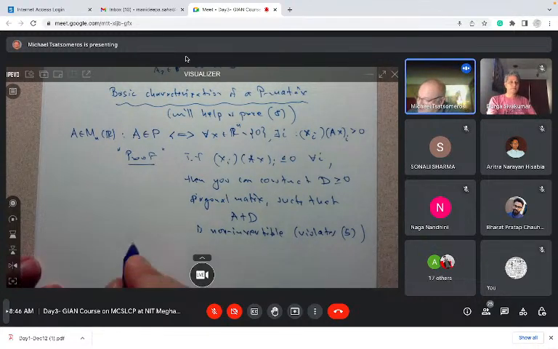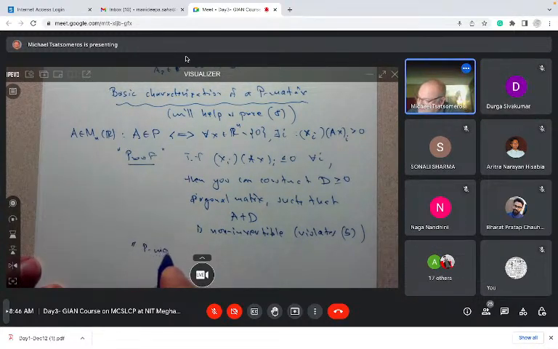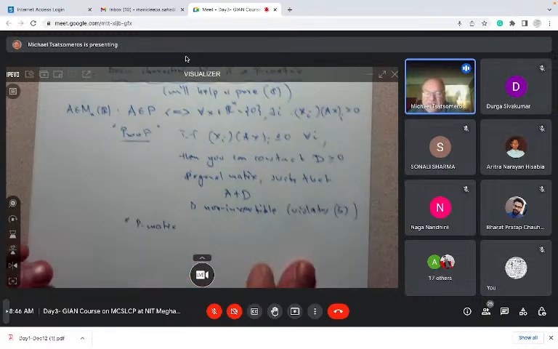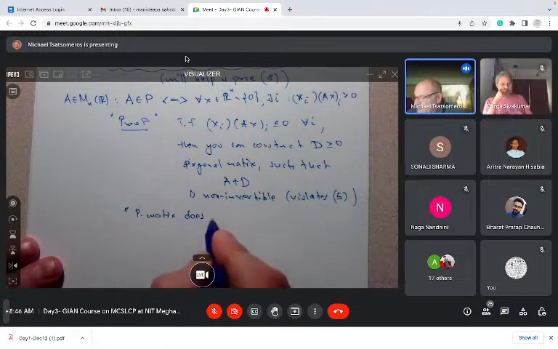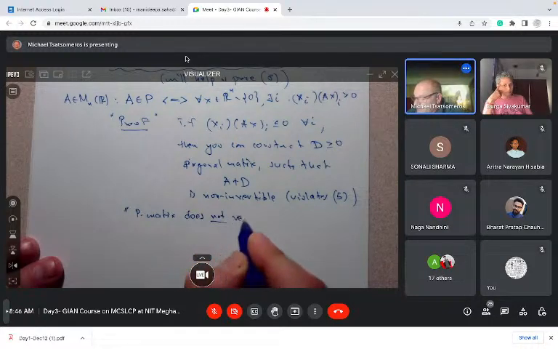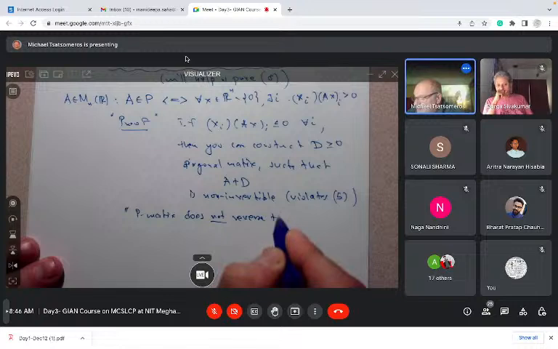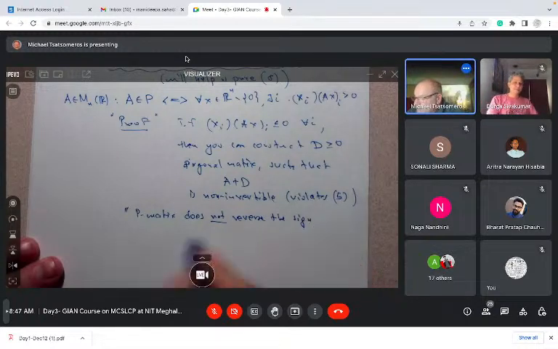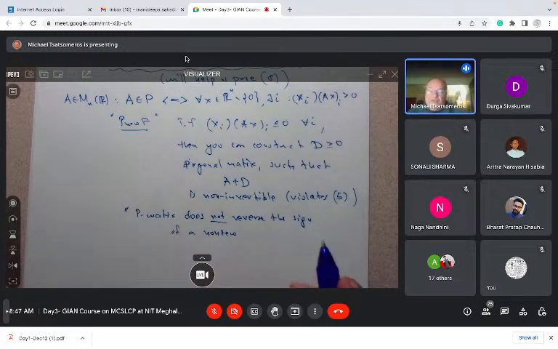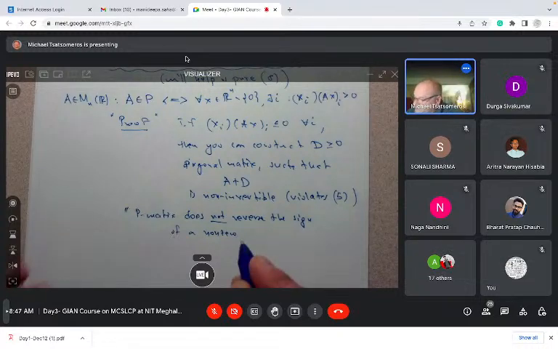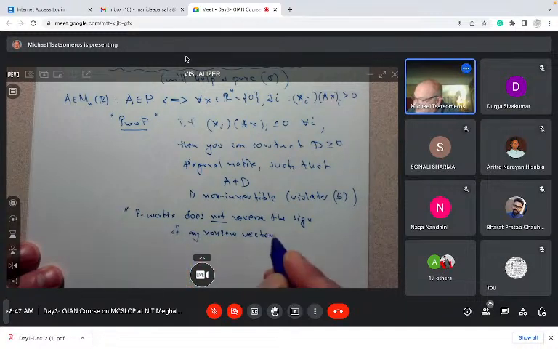So a P matrix A, it's an informal sentence, but just to get the idea, does not reverse the sign of a non-zero vector. And by reversal, I mean changing a positive to a negative or 0, or a negative to a positive or 0, of any non-zero vector.